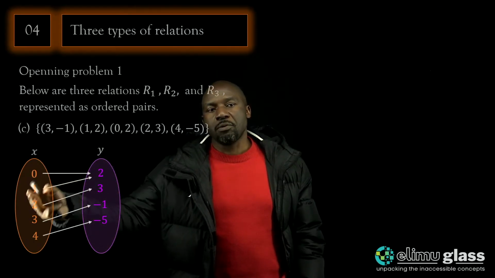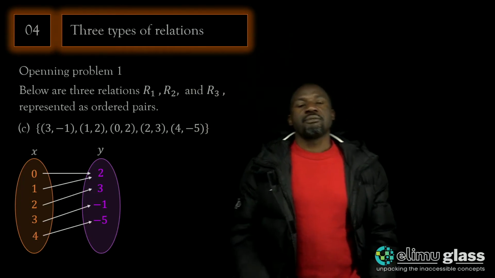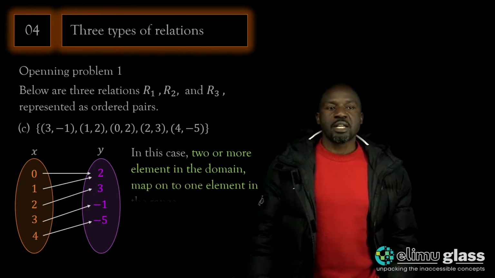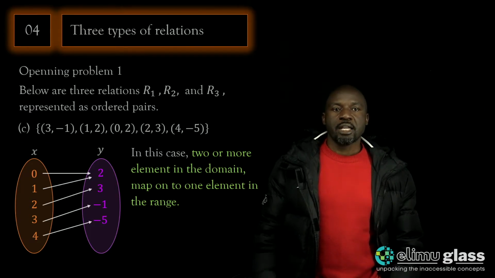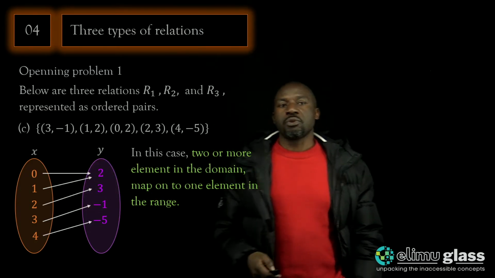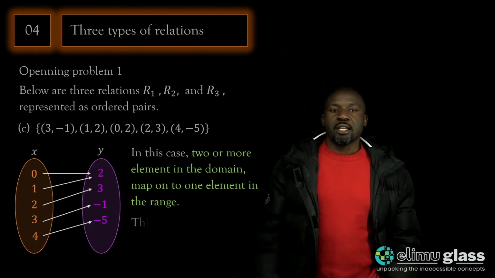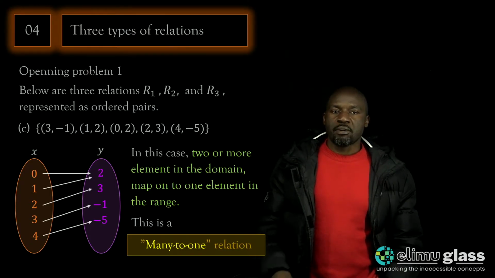We could have had 3, we could have had 4, and so on. So 2 or more elements in the domain mapping onto 1 element in the range is what we refer to as a many-to-one relation.